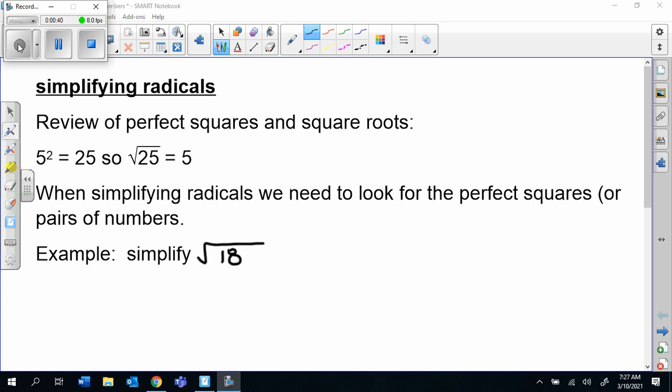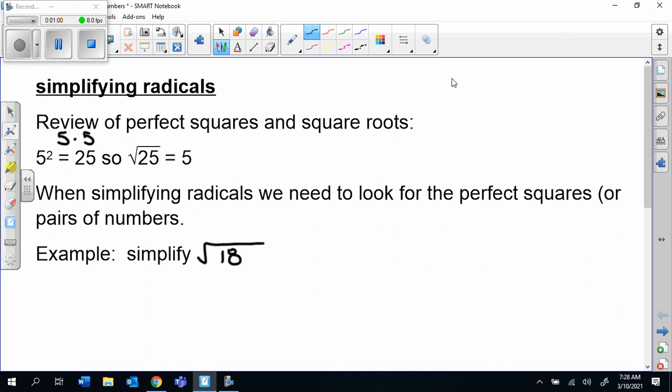So a quick review from chapter 4 and factoring and all sorts of other things is that 5 squared is 25, so 5 times 5, think pairs in this case, is 25. So when we reverse it, the square root of 25 brings us back to 5.